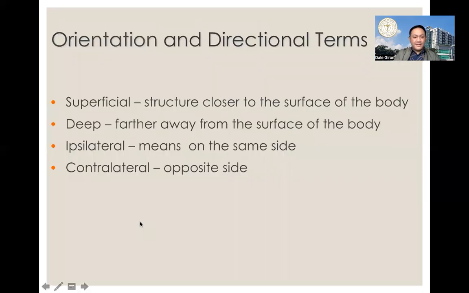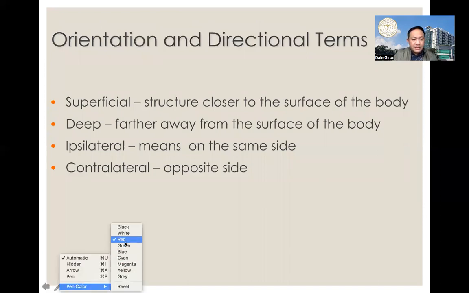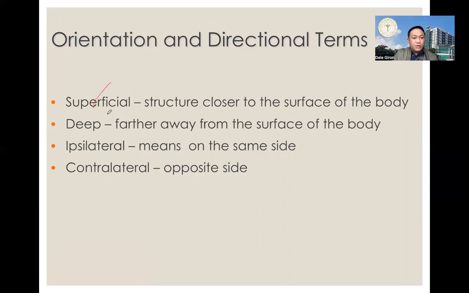Okay, all right. So this is another slide. I've mentioned superficial and deep. There is also the difference of ipsilateral to contralateral. By definition, ipsilateral means on the same side, and contralateral is the opposite side, meaning left and right.